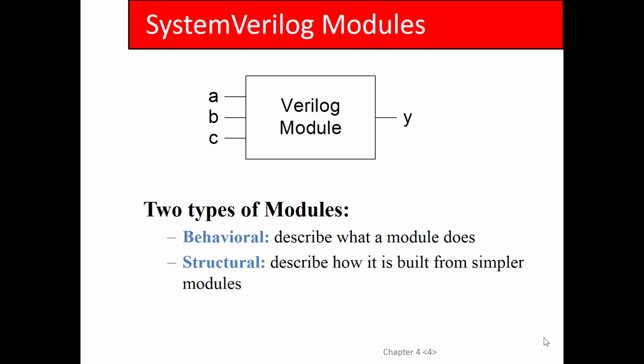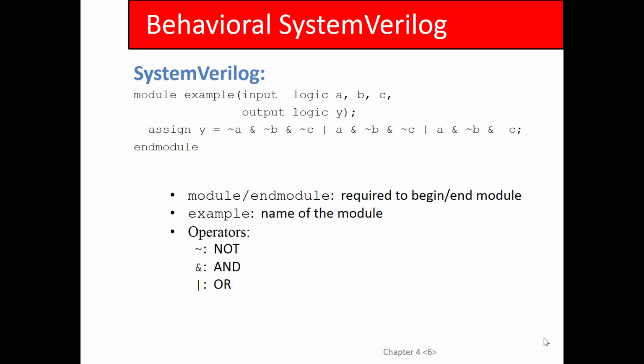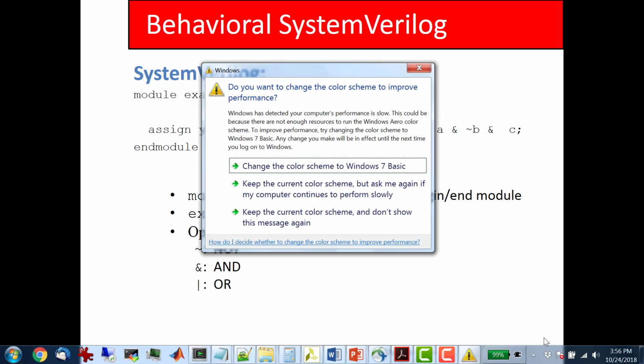Modules have inputs and outputs that are given on the module line. Inside the module, we can have behavioral HDL, that is Boolean logic, truth tables, finite state machines, or structural HDL, which is where you instance and interconnect other modules.